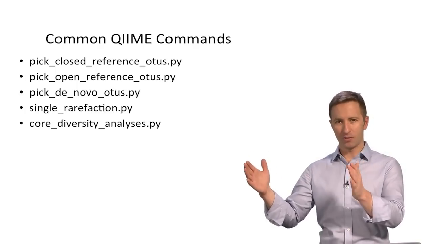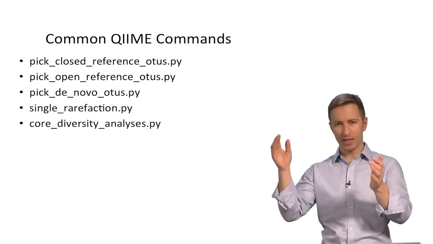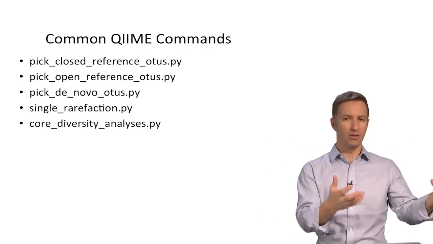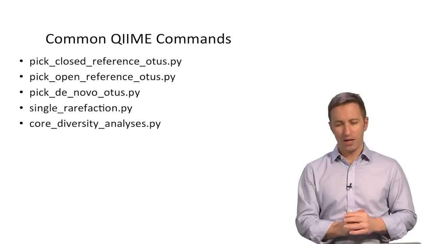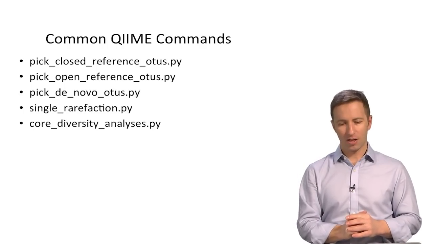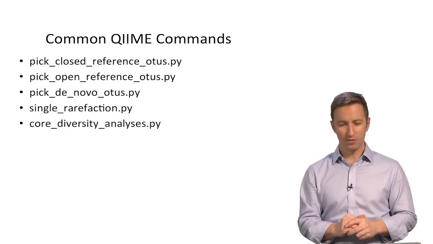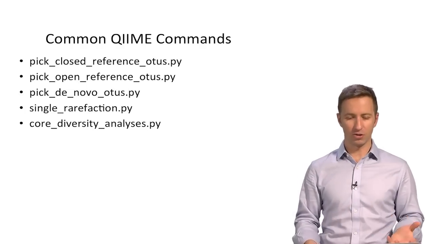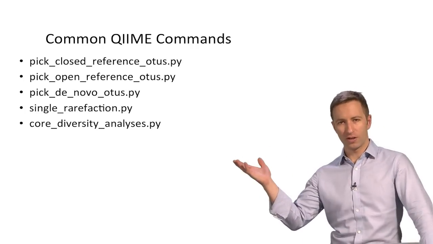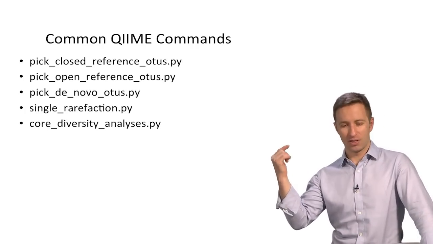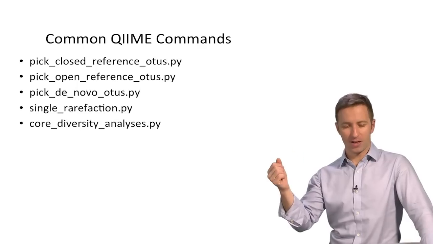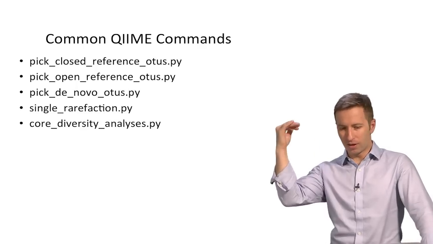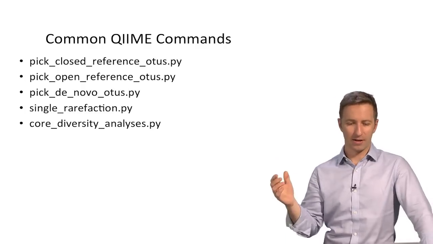Then now you've got sequences all cleaned up and separated and labeled, and you want to pick OTUs and then do all of your downstream analyses. And Qiime is set up, as I said, to use these simple workflow scripts. So if you want to pick, say, closed reference OTUs, it's one command, and you just give it the sequence files and a couple other things, and then it'll run all of the steps that are necessary for that.